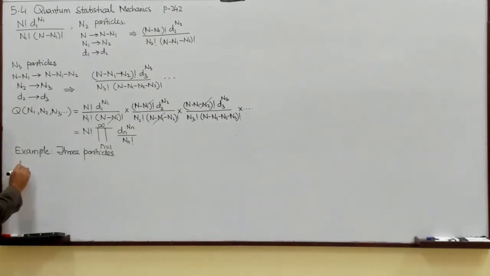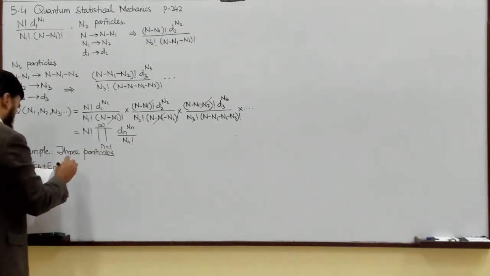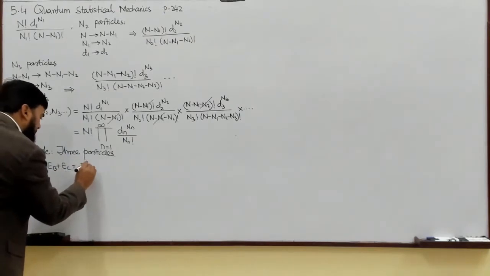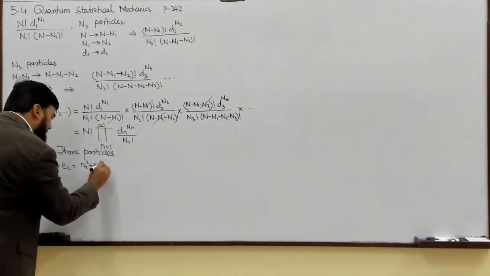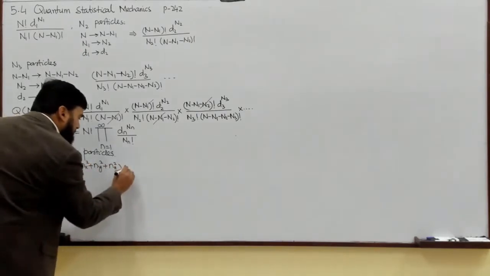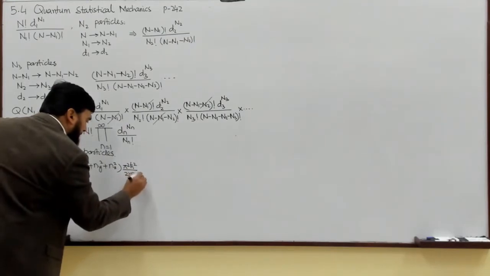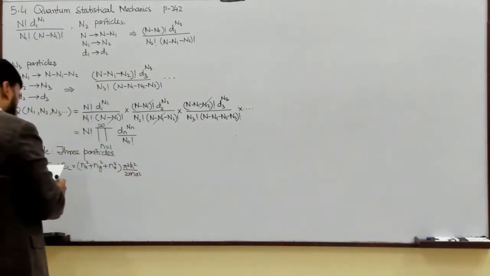The energy was EA plus EB plus EC equals nx squared plus ny squared plus nz squared times pi squared h bar squared over 2ma squared.